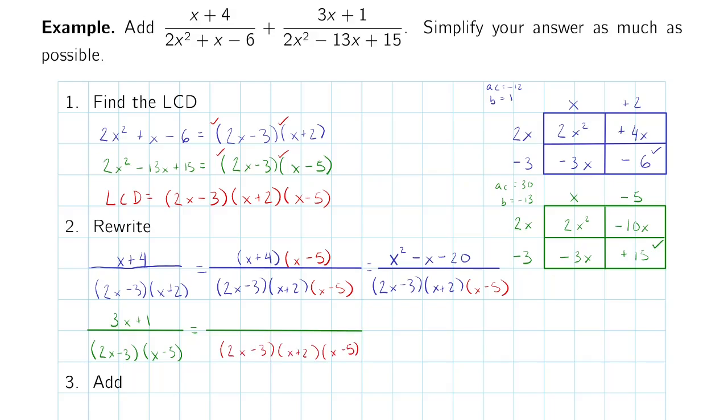Looking at that common denominator, I see that 2x minus 3 and x minus 5 are already factors of the given denominator. So, in order to rewrite, I just need to multiply the numerator, which was 3x plus 1, by this extra x plus 2.